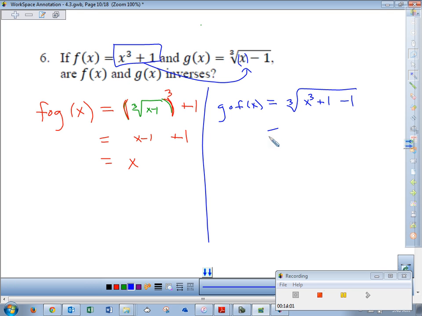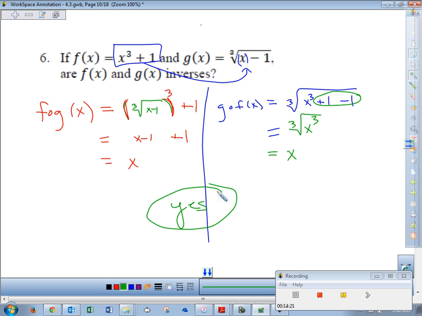Got to do what's underneath the radical first. That's a grouping symbol. Combine like terms. What's plus 1 and minus 1? So you got the cube root of x cubed. What's the cube root of x cubed turn out to be? X. Are they inverses of each other? See, got x back both times.